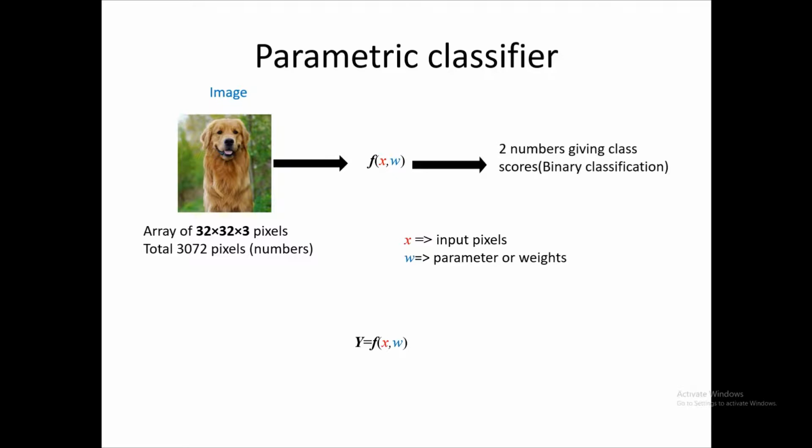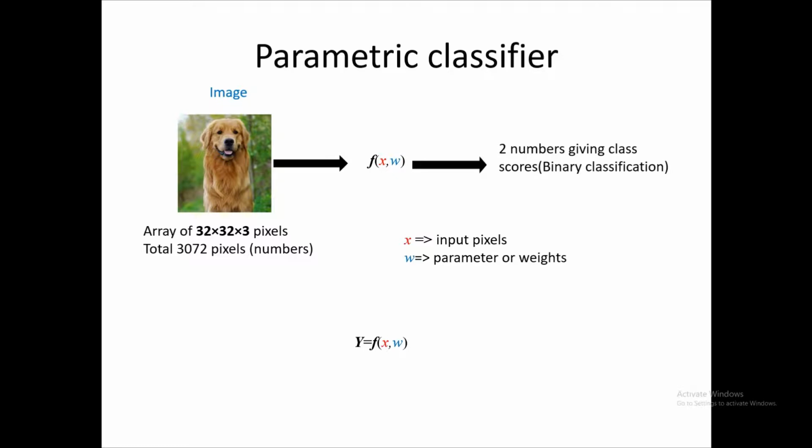Another thing we consider is a set of parameters or weights, which are usually written as W, or can also be written as theta, but in our case we'll take W here. The classifier model can be summarized as a function f(x, W) that maps the input variable x to y.